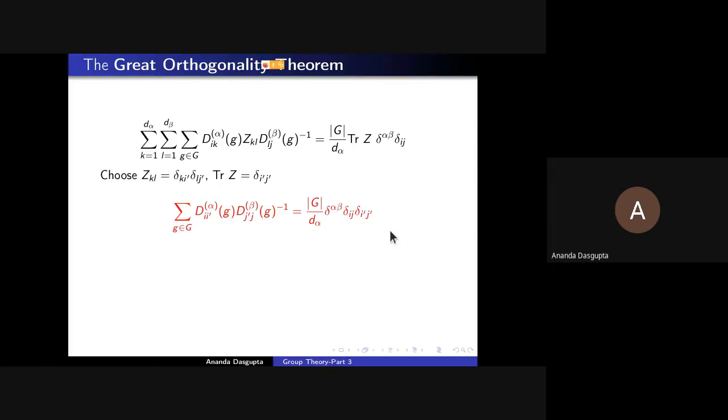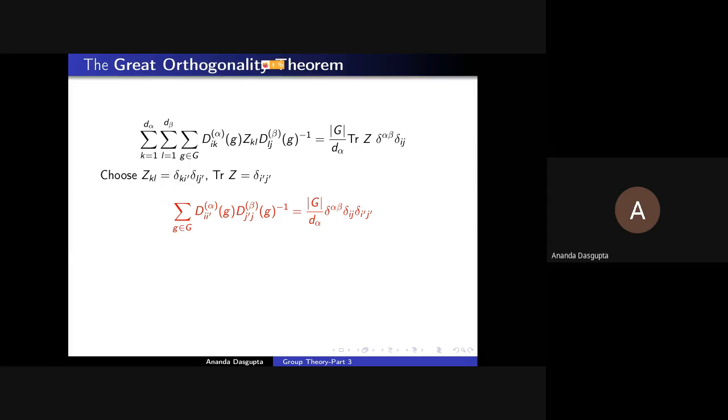Just note down this one expression. This is the one which is going to be useful for all that I'm going to do tomorrow. And just to give you a hint what this can do, this can tell you whether an arbitrary representation that you have picked out is reducible.